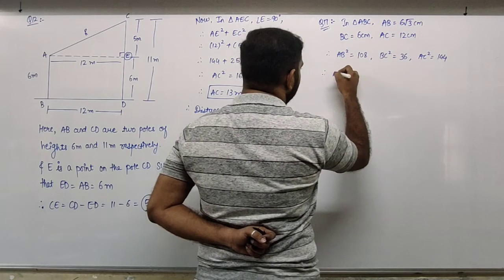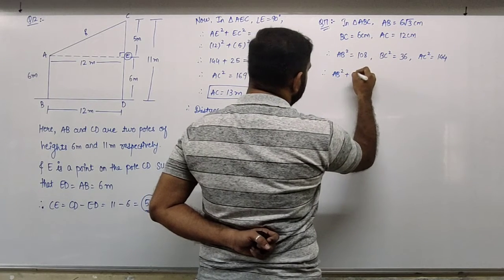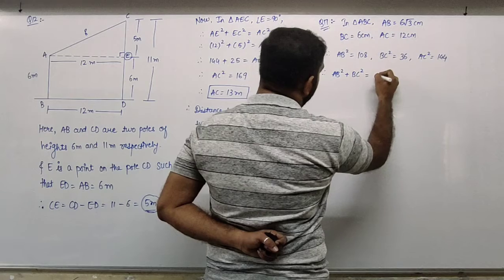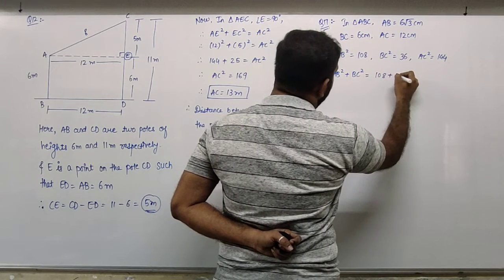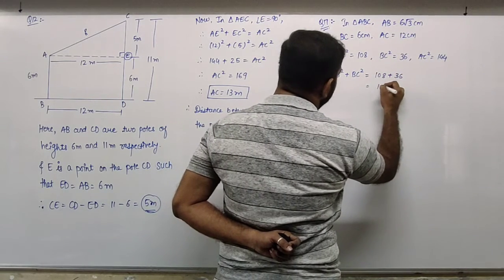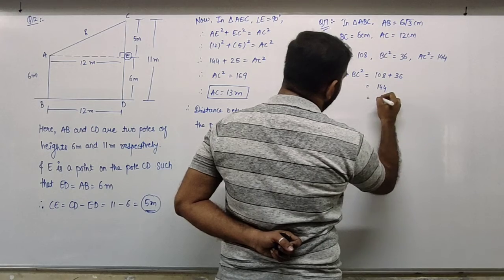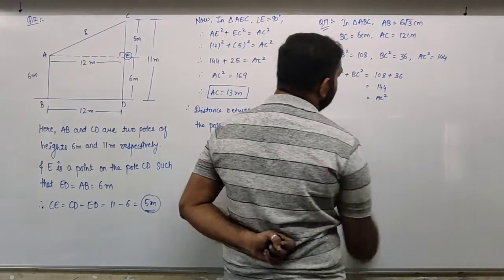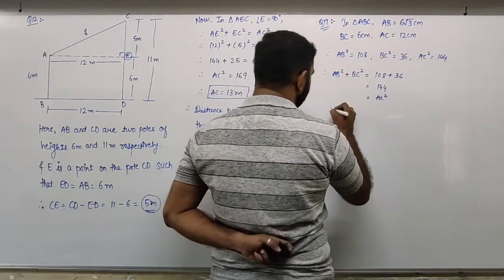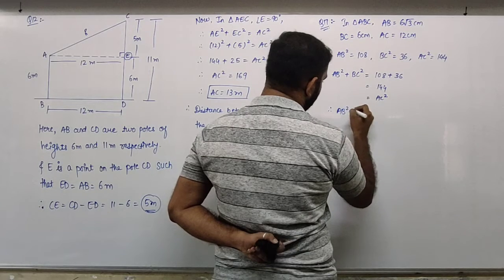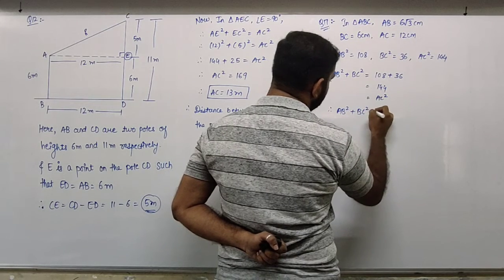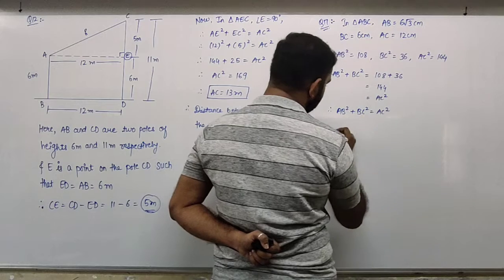Therefore, AB square plus BC square, that is 108 plus 36, which is 144, that is AC square. Therefore, AB square plus BC square equals to AC square.